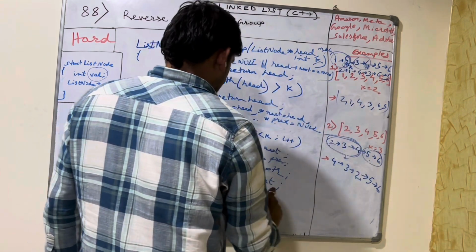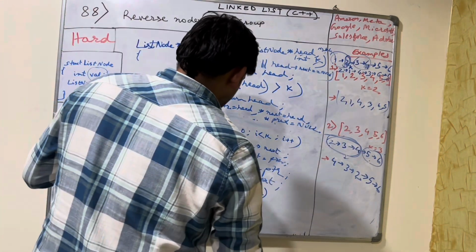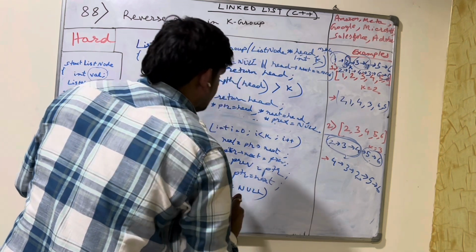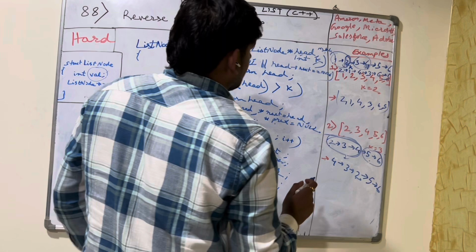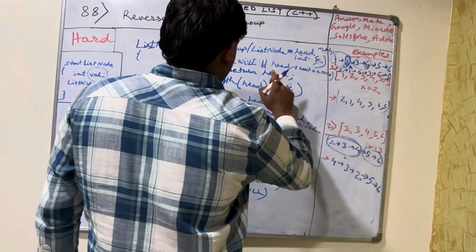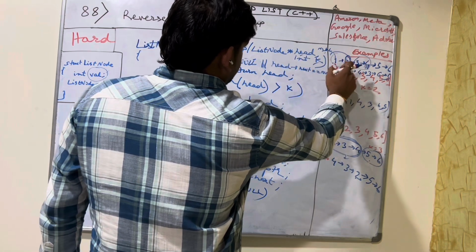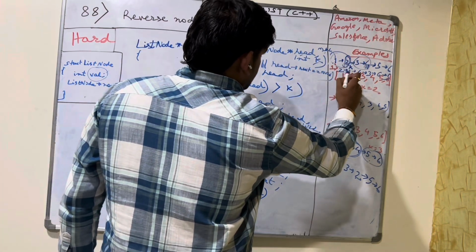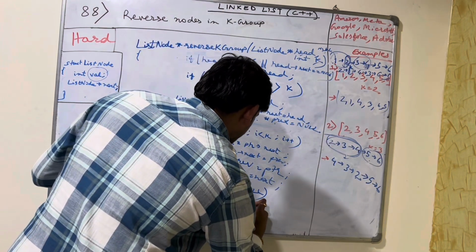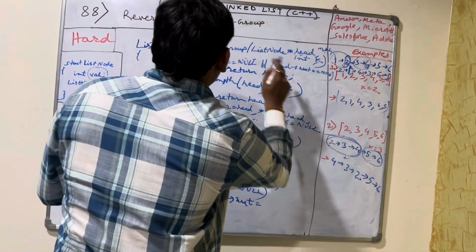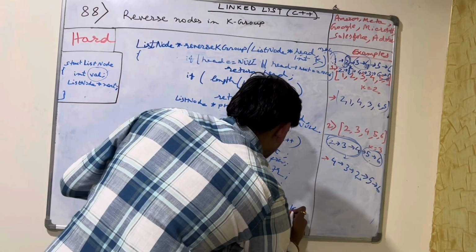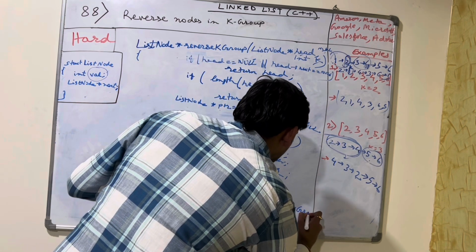So if this is not equal to null, what we will do, our head, the head which was there, which is this, right? Because we started from here, head is this one only. This 2 got changed to 1, but head is 1. So this head next would be going to, we'll call this function reverseKGroup.